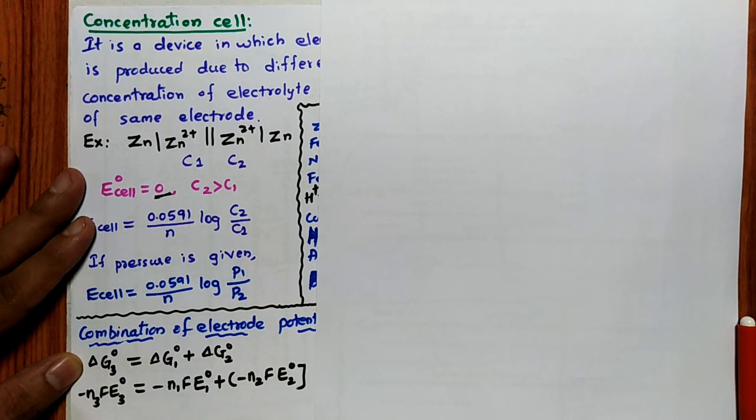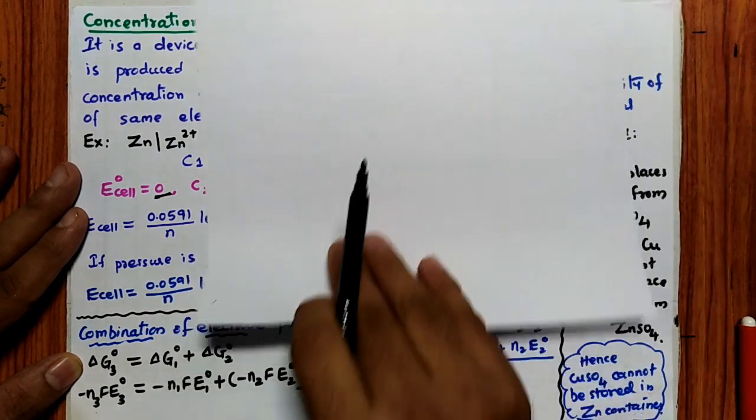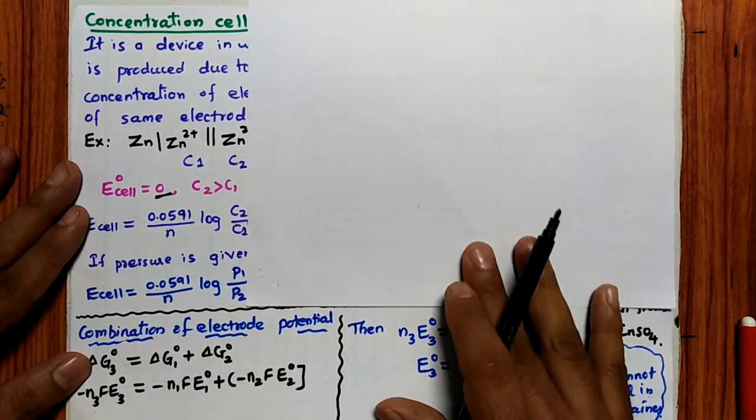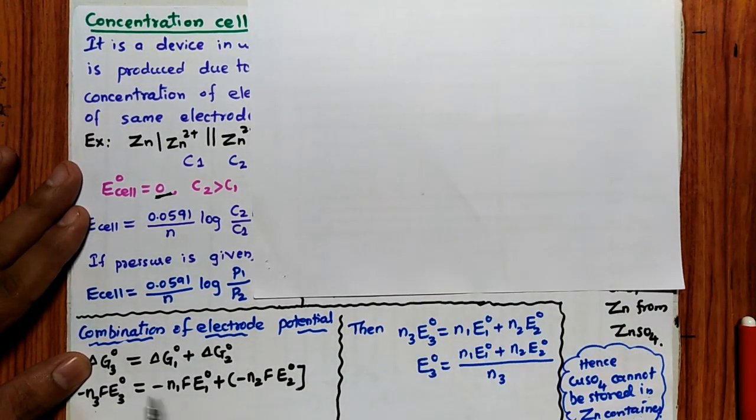So that delta G is equal to what? Minus nF E naught cell, right? For the third reaction, hence I write n3 F E3 naught is equal to minus n1 F E1 naught plus minus n2 F E2 naught. Right? Minus F comes out here, here also, and here also, so it gets cancelled.